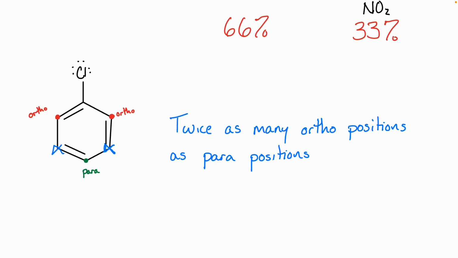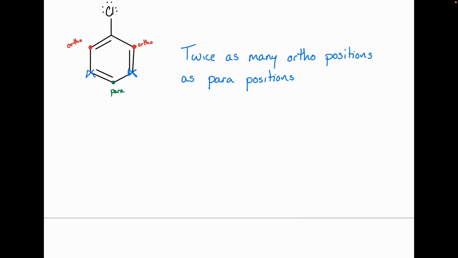Okay, but this chloro group is a rather small substituent here. We're going to do the same sort of game here. But now I'm going to take this benzene ring here. It's got this big alkyl group on there. Okay, we'll talk a little bit more about alkyl groups later.